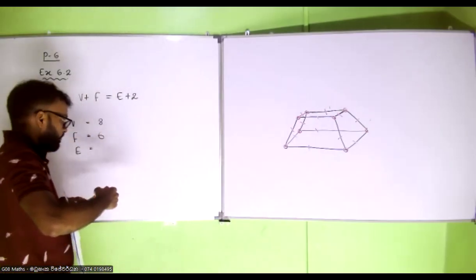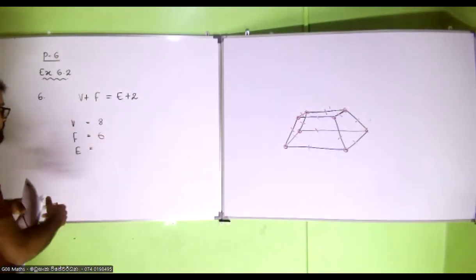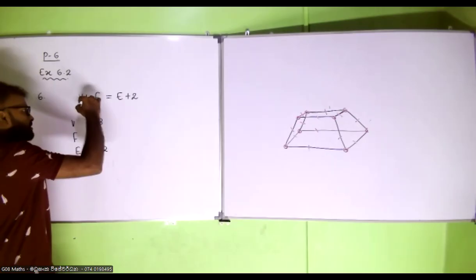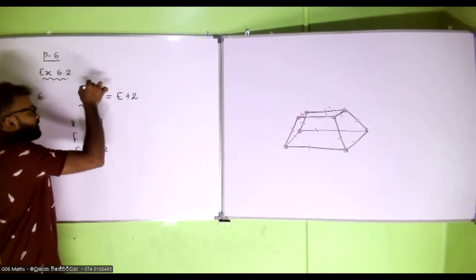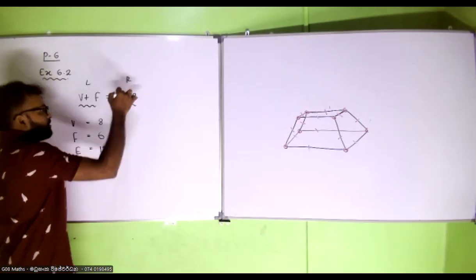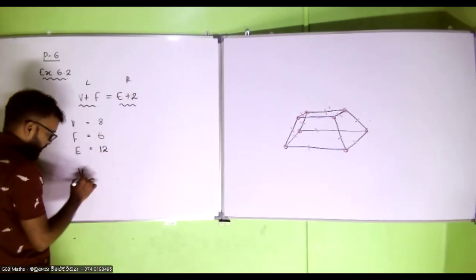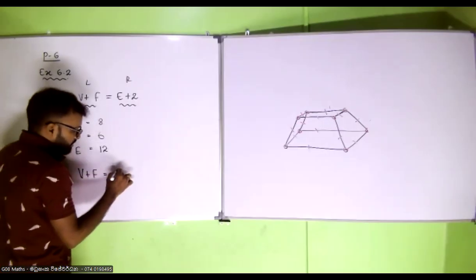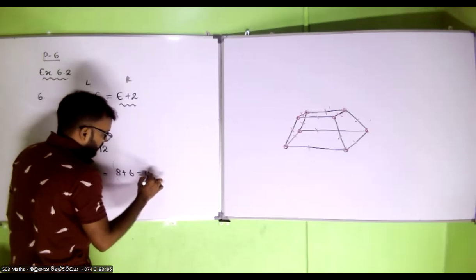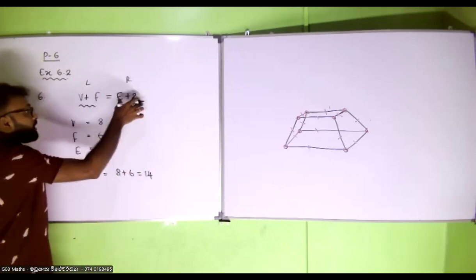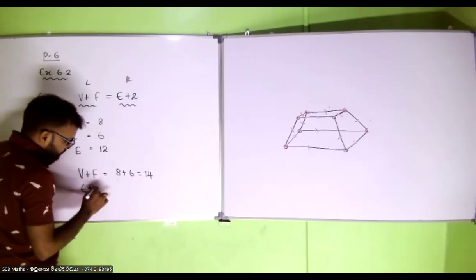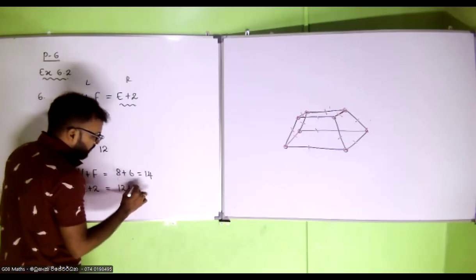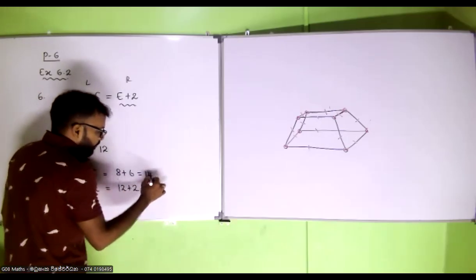There are 12 edges. So this is my Euler's relationship. This is my left hand side, this is my right hand side. V plus F equals 8 plus 6, which is 14. Right hand side, E plus 2: edges are 12 plus 2, which is 14. Nice. 14 and 14.